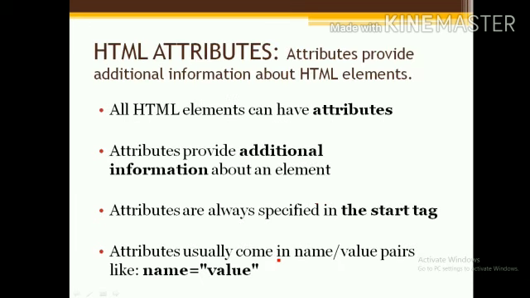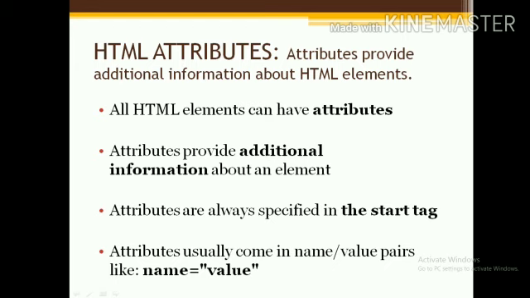What are HTML attributes? Attributes provide additional information. In the previous part we talked about the elements. Now we will talk about the attributes. Attributes provide additional information about HTML elements. All elements in HTML have attributes.